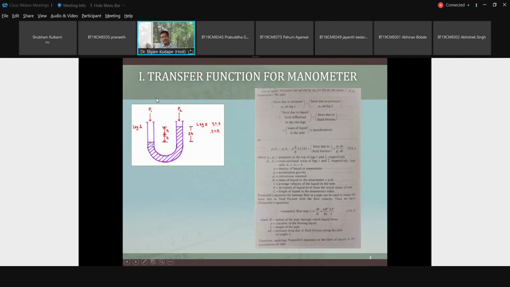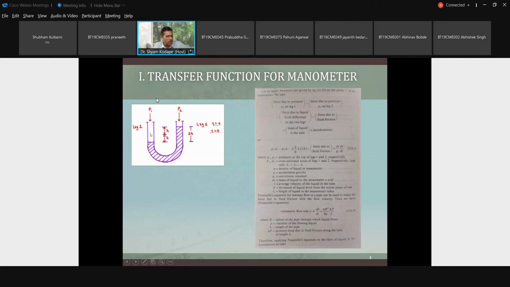So what we are considering here is that the flow will be laminar. Agree? So the motion will be very smooth. It will not be turbulent. So these are some assumptions.